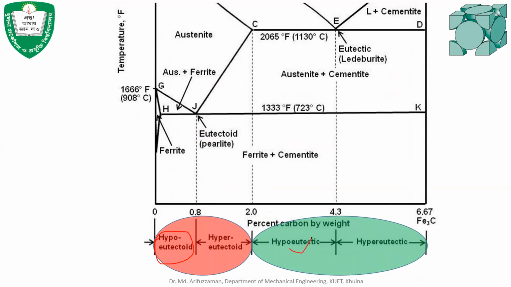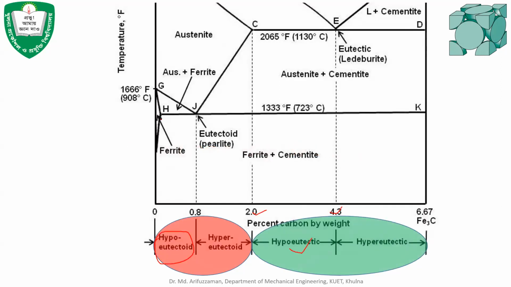Since it involves the eutectic reaction, it is called hypoeutectic cast iron and hypereutectic cast iron. The range of 2 to 4.3% carbon is hypoeutectic cast iron, and 4.3 to 6.67% is called hypereutectic cast iron.